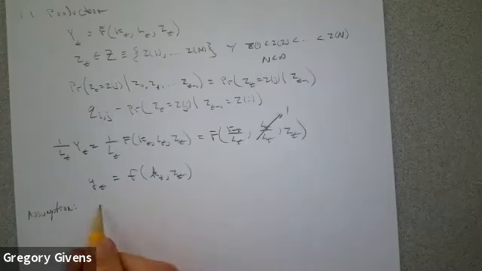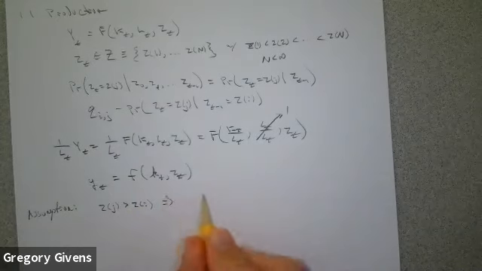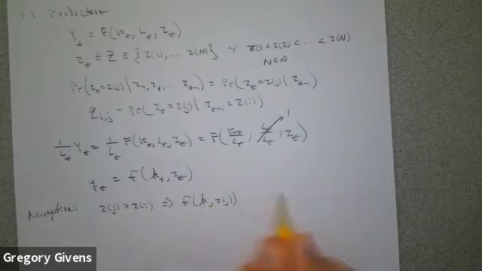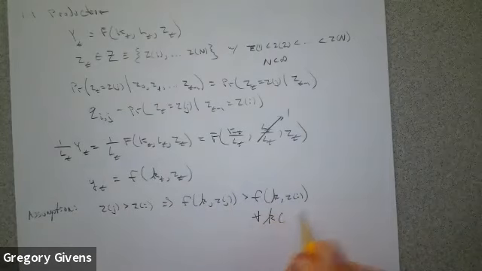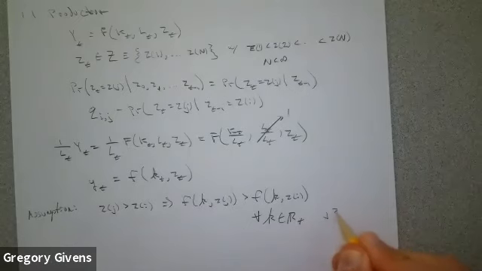In other words, for Zj bigger than Zi, it's going to imply that F of K, Zj is bigger than F of K, Zi for all K on the positive reals, where j, of course, is bigger than i, since the Z's are expressed in ascending order.